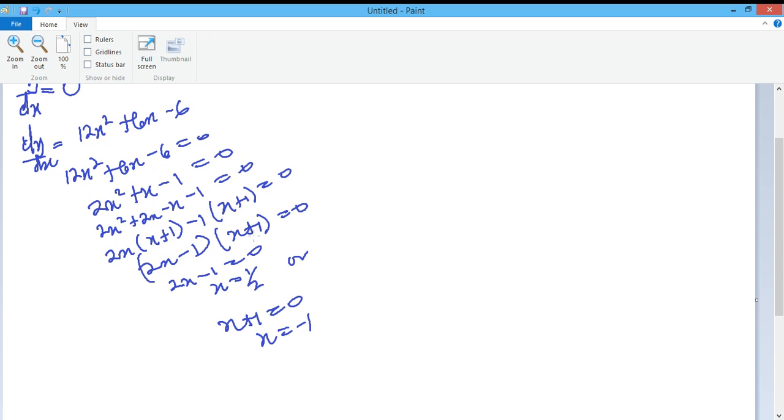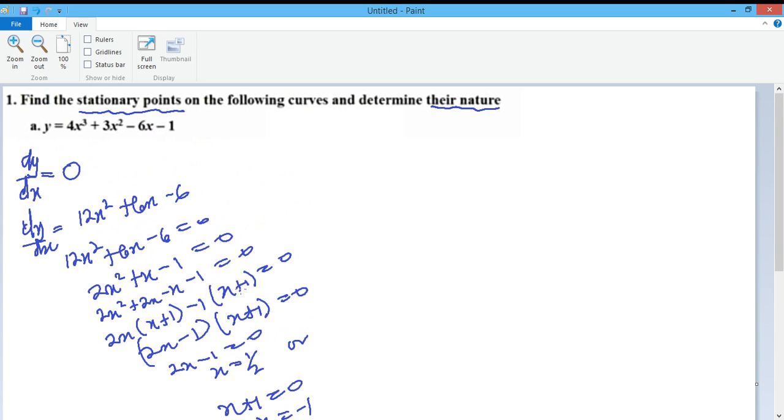So the x coordinates at the turning points are negative 1 and half. Then we need to determine the y coordinates at the turning points. Since we are looking for points, our answer should be of the form (x, y). We have gotten the 2 points with only the x values.